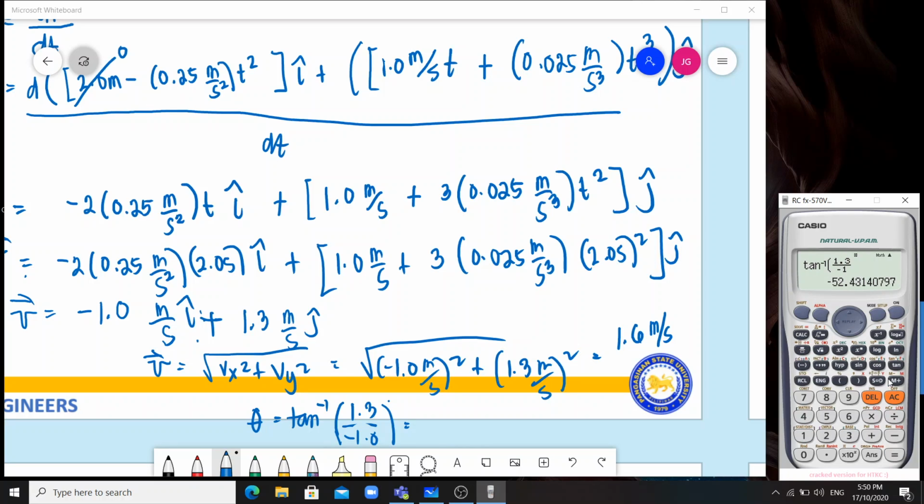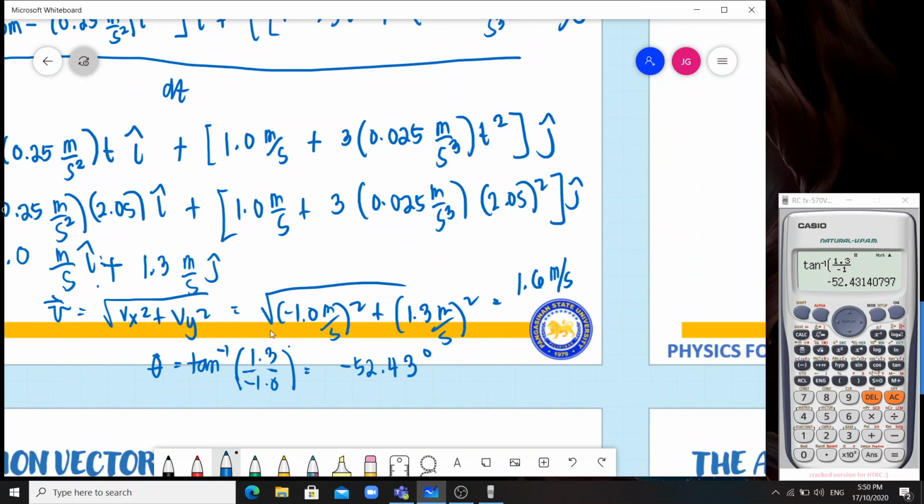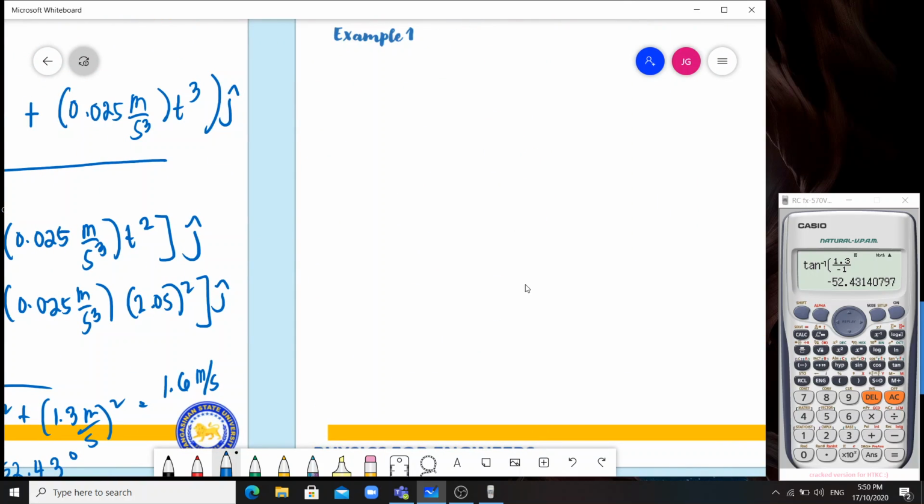So, negative 52.453 degrees. And if we plot it, y is positive but x is negative, so it is around here.